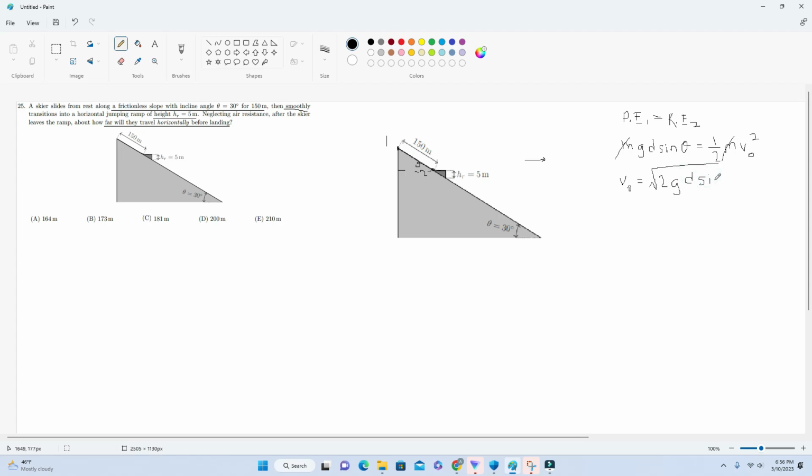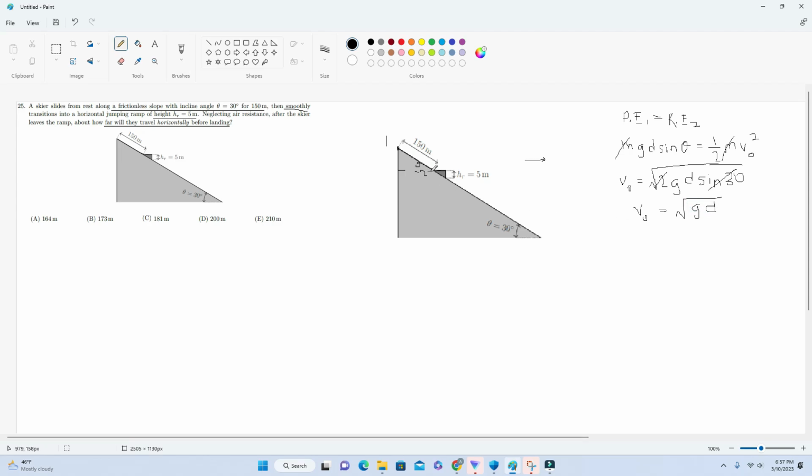In this case, sine theta is sine of 30 because the angle is 30, and we just took a parallel line. Since we have a 2 and a sine 30, which is 1/2, we can cancel those out. So we actually get the velocity that it launches off with as a very nice equation, square root of g d.